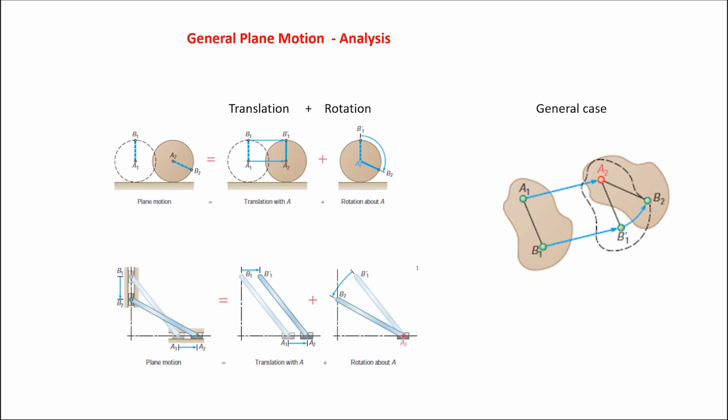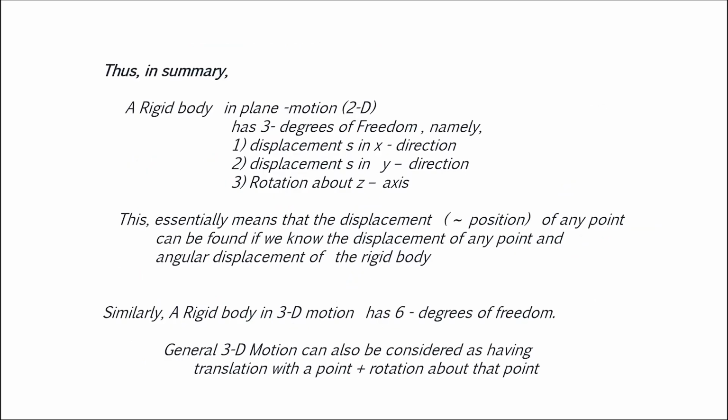The rotation of any line is the same, whether you take it as A1, B1 or maybe C1, D1. The rotation is exactly the same, so it will not change. Interestingly, we'll talk about this later.